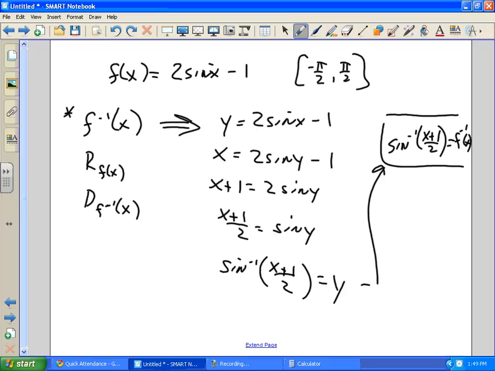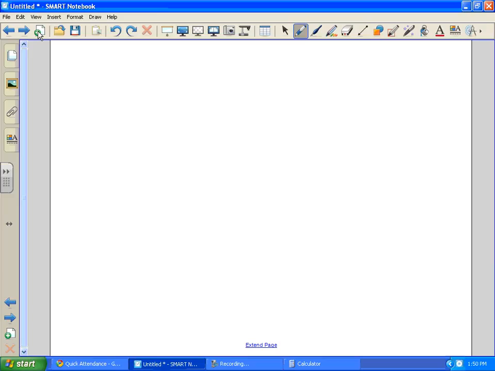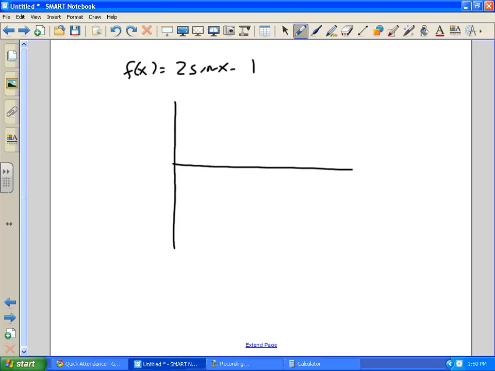It asks me, what is the range of f of x? Well, if this was just the sine curve, the range would be -1 to 1. But what does this do? It moves it down. So if I had f of x equals 2 sine of x minus 1, remember how we graphed? This moves it down 1, so there's 0.